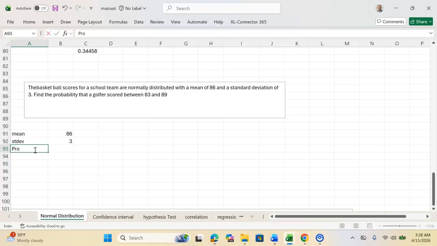So let's define probability. And you can see we have an in-between probability. So we can say the probability that 83 is less than x, and x is less than 89.